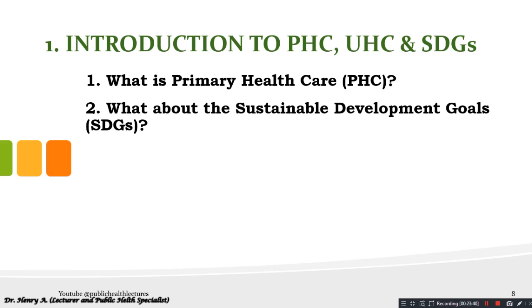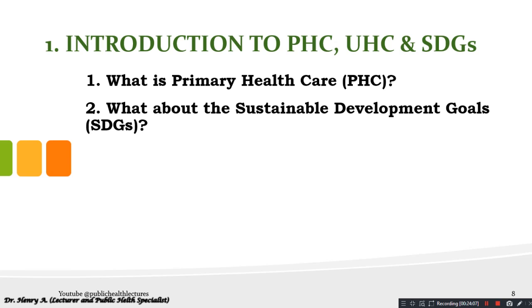Number 4, universal health coverage. Number 5, other targets which include reproductive health, tackling substance abuse, environmental health, and access to medicines and emergency preparedness. Now let's take them one by one.